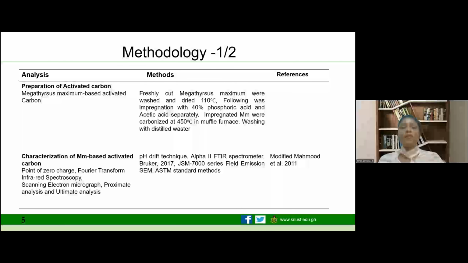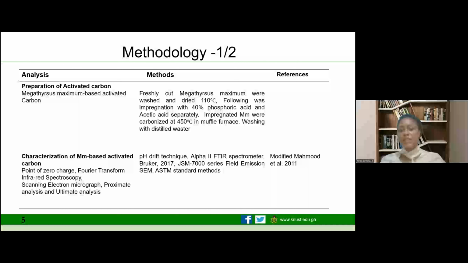We got our Megathyrsus maximum, which I will call MM, from the vicinity around KNUST premises. They were washed, dried, and we impregnated with 40% phosphoric acid separately from 40% acetic acid at a ratio of 4 parts of acid to 1 part of the precursor for 24 hours.